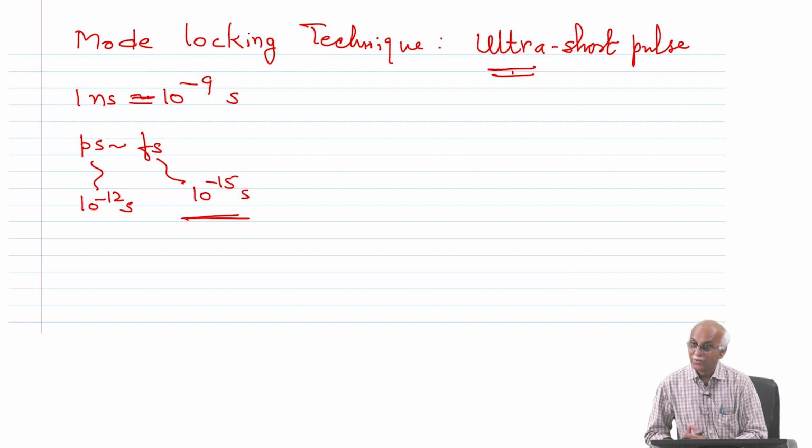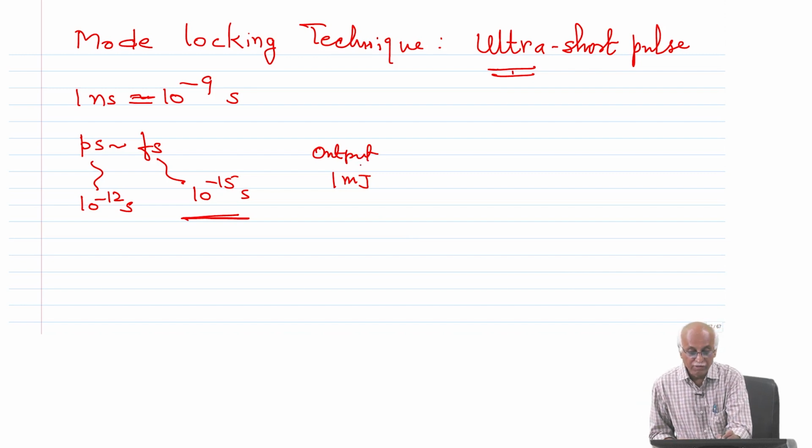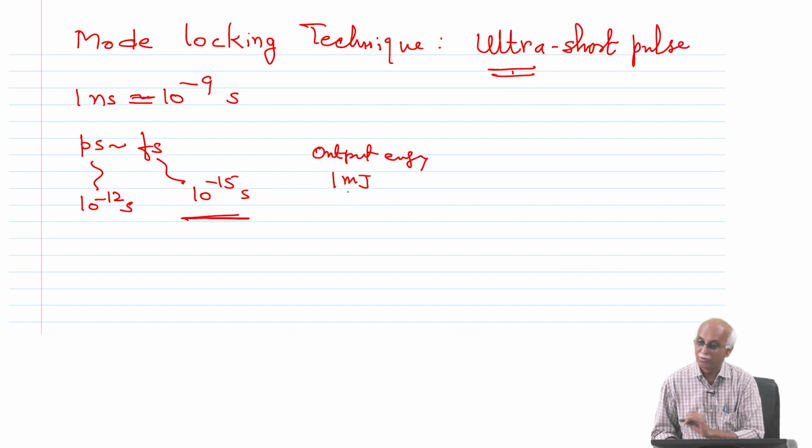Okay. You may think that the peak power would be very large, is not it, 10 raised to minus 15 second. Even if the pulse output energy is 1 millijoule, okay, let us say output energy. I am just giving you an example just to get an idea in terms of what is the peak power. So, if the output energy of a particular laser, let us say it is 1 millijoule, right.